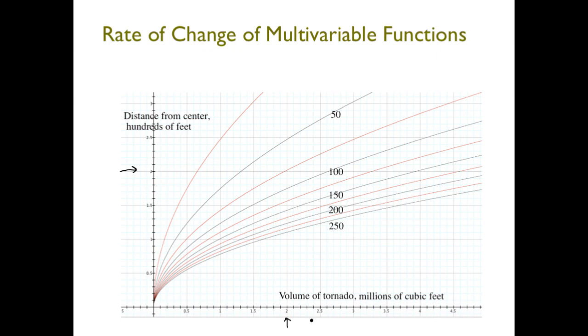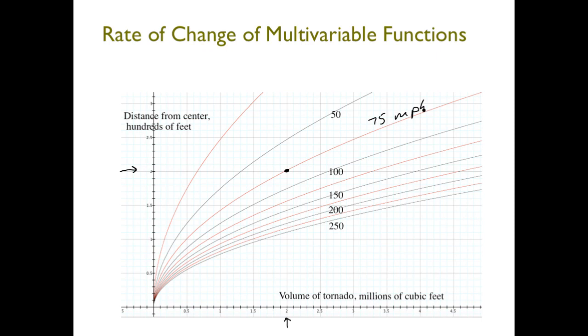How many miles per hour is the wind blowing for a 2 million cubic feet tornado at 200 feet from the center? 75. It's right through that line right there. 75 miles per hour.